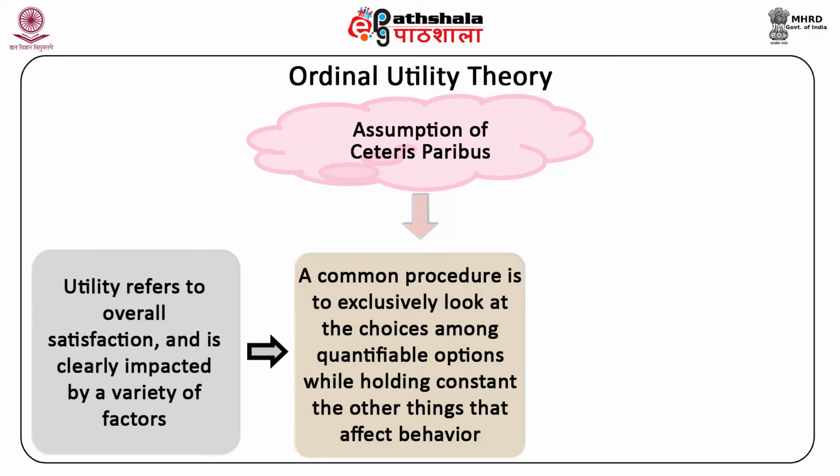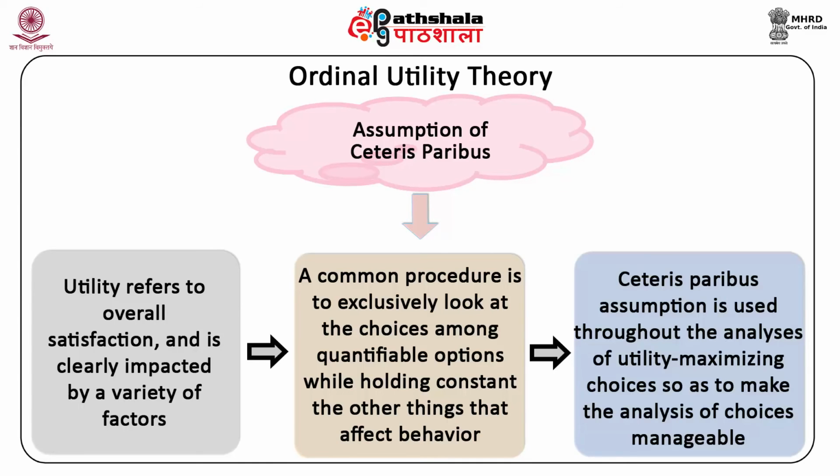Therefore, a common procedure is to exclusively look at the choices among quantifiable options while holding constant the other things that affect behavior. This ceteris paribus, meaning thereby other things being equal, assumption is used throughout the analysis of utility maximizing choices so as to make the analysis of choices manageable.